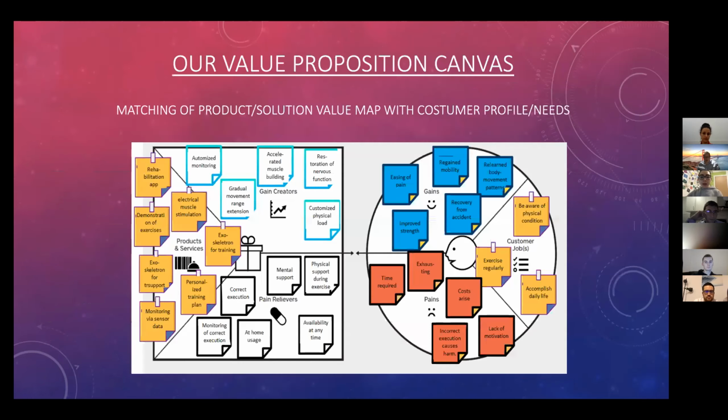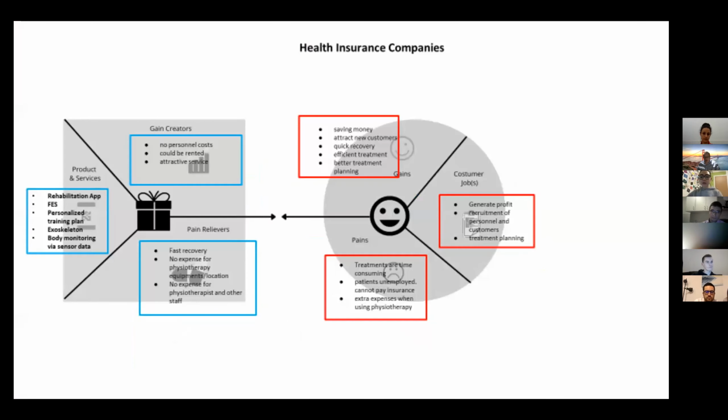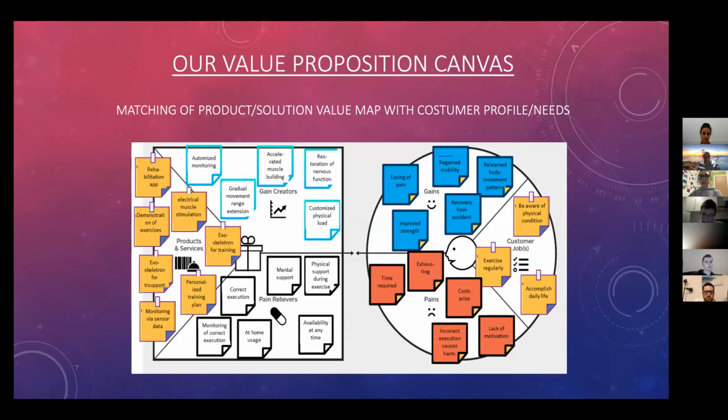Okay. When we were talking with Munevo, they also suggested that we narrow our customer numbers a bit, because at the beginning we wanted to target basically everyone that has muscle disorders, but in this case it would be difficult to make the Exobot specific in its features. So we decided to reduce the number of customers and to focus on specific customers and their specific needs.